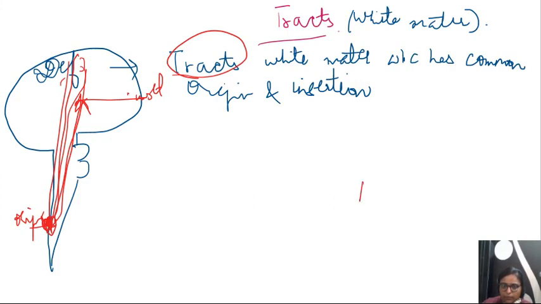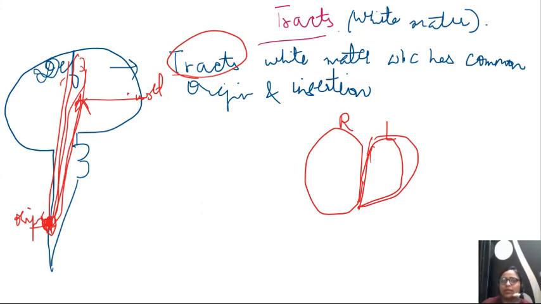See, for example, if I draw the brain here, you know that the brain has two hemispheres, your left hemisphere and your right hemisphere. Fine. My drawing is not that good, but just understand it. So the tracts are the ones which are connecting the brain vertically. Fine. So if I ask you what are the fibers that connect the brain left and right, these are also white matter fibers only.